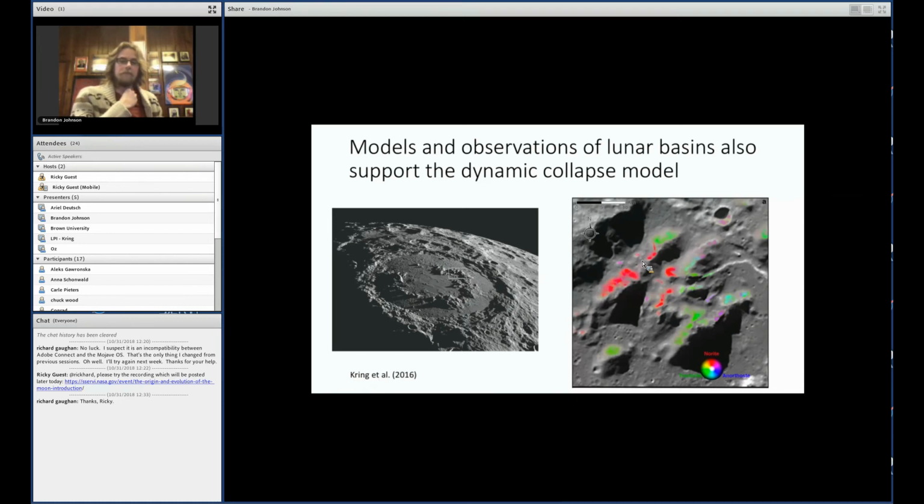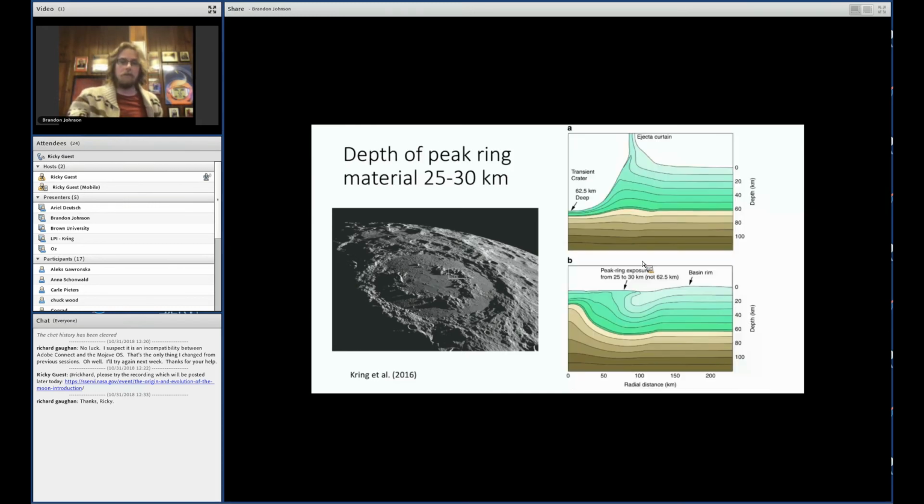And using, I believe it was M-cubed, they mapped out different lithologies, and they found that the peak ring has a range of compositions ranging from nearly pure anorthosite to norite and troctolitic compositions. And they use this to suggest that the peak ring is from a lower crustal or deep crustal origin, but not necessarily mantle origin.